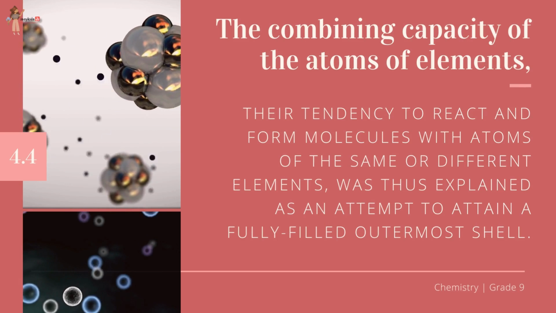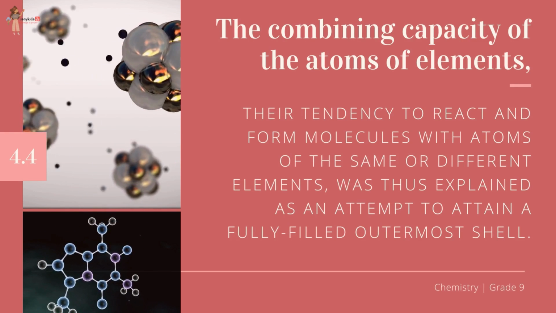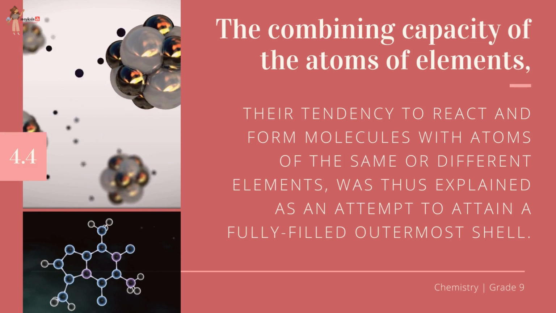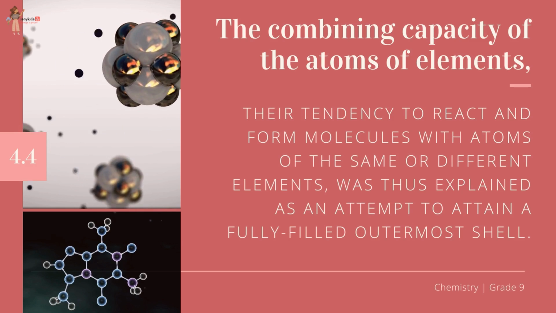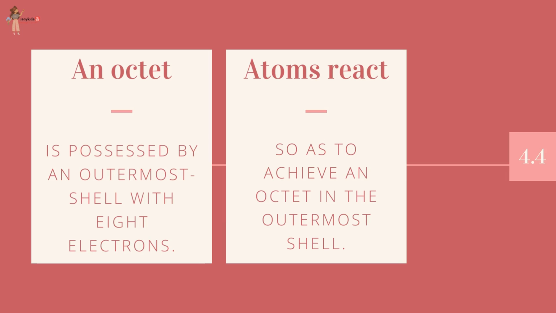The combining capacity of the atoms of elements, that is, their tendency to react and form molecules with atoms of the same or different elements, was thus explained as an attempt to attain a fully filled outermost shell. An outermost shell which had 8 electrons was said to possess an octet.